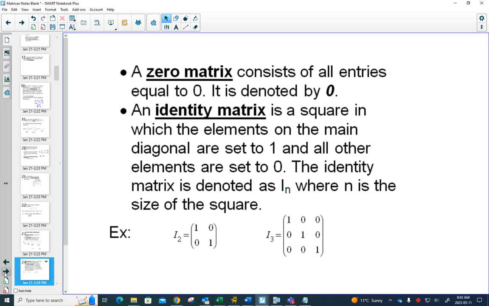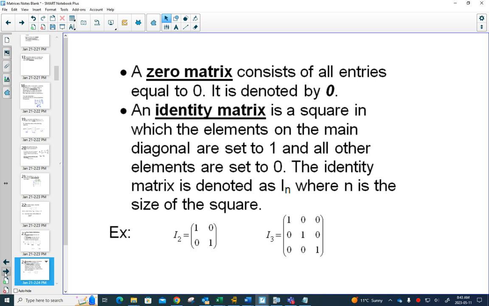Now, I don't know if you've heard the word identity in math before. Most of the time, you talk about the number 1. The number 1 is important in mathematics, especially for simplifying fractions and stuff, because we often multiply by 1 to not change the answer, but to change what it looks like.